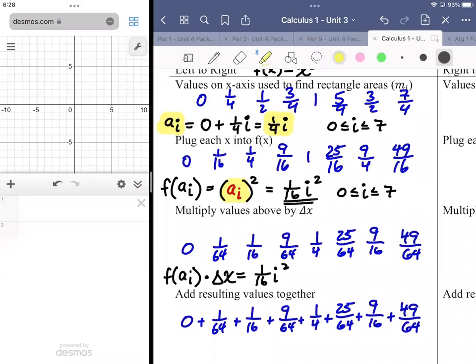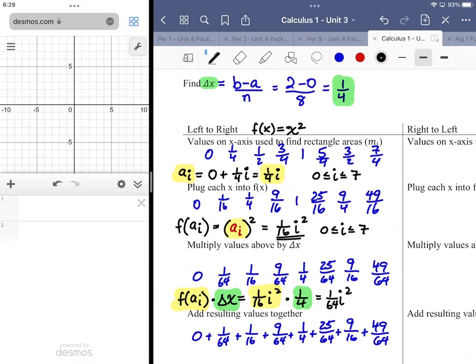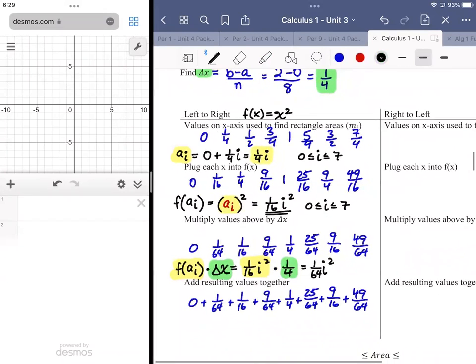So that's a direct substitution. Delta x, we said way earlier, was equal to 1/4. Now, it's not always going to be equal to 1/4, but in this case, it's equal to 1/4. So I'd multiply by 1/4. So I'd get 1/64 I squared.